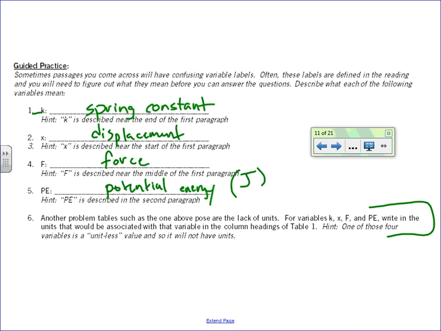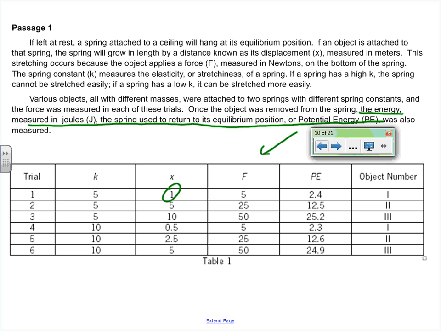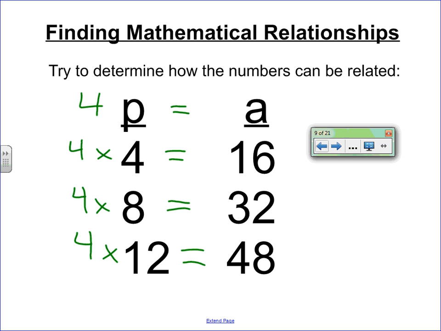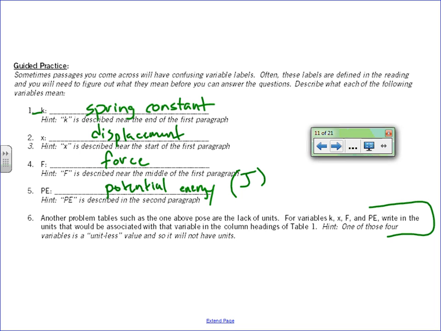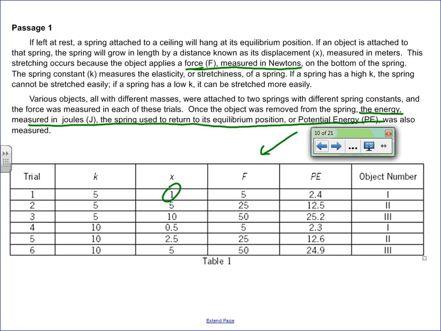What's the unit of force? Newton. Excellent. It's force measured in newtons. What about displacement? Nice. Meters. If you go over here, the distance is known as displacement measured in meters.